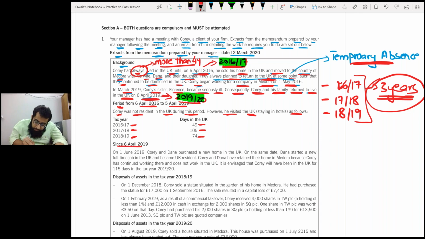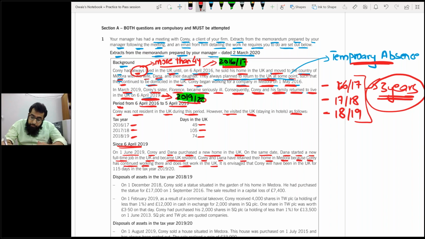Since 6th April 2019. On 1st June 2019, Corey and Dana purchased a new home in UK. On the same day, Dana started a new full-time job in UK and became UK resident. Corey and Dana have retained their home in Medora because Corey has continued working there and does not work in UK.